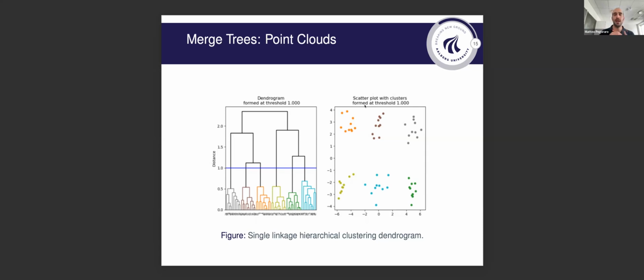We can do the same with the point cloud, with the Rips filtration that inflates balls around our points. If we extract the merge tree, this object is usually called the single linkage hierarchical clustering dendrogram. That is an object that has been around for a lot of years, and it has been used in many areas of science to infer some clustering structure from a data set.